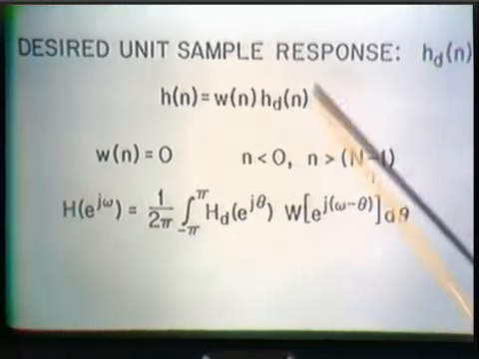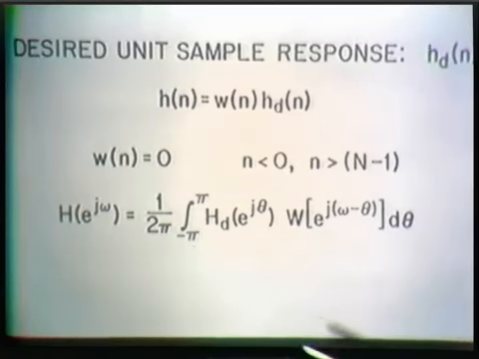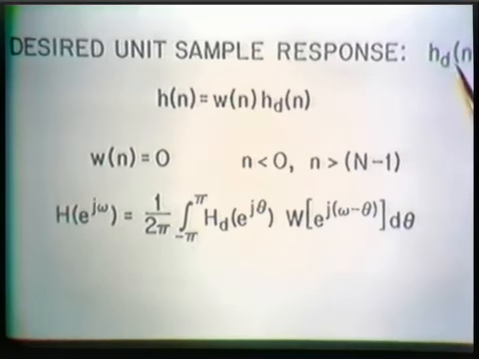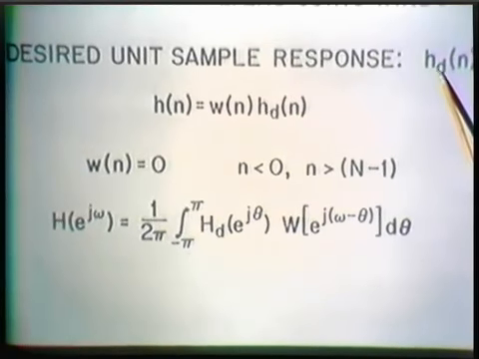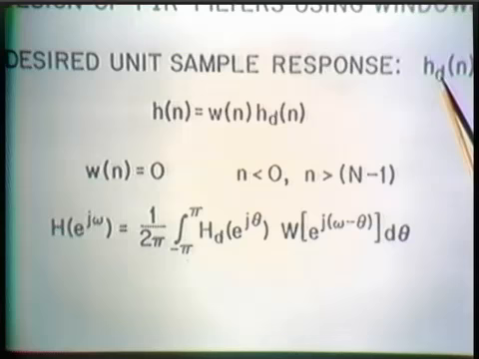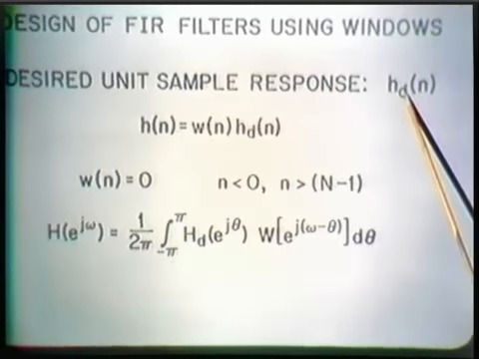We could begin with the unit sample response of an ideal low-pass filter. Now, as you know, the unit sample response of an ideal low-pass filter has a sine x over x type of envelope. In particular, the important characteristic is that it extends from minus infinity to plus infinity.